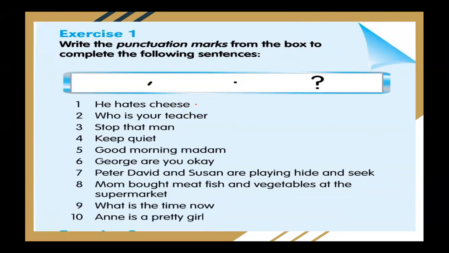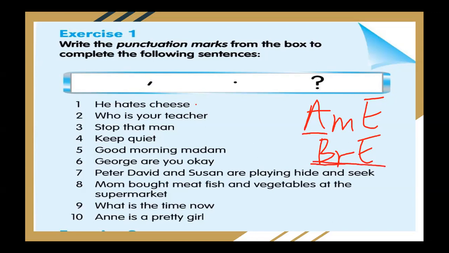I have come to know one more point about it. In American and British English there is a difference. What is this, AME and BRE? Don't get confused, these are the short forms. BRE is British English and AME is American English. If you see these words in Google or anywhere, don't get confused.